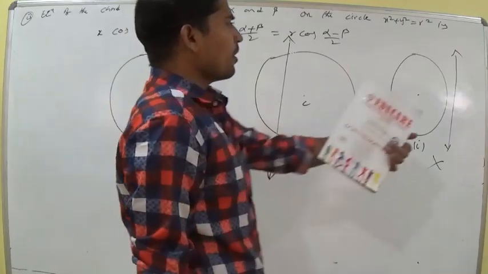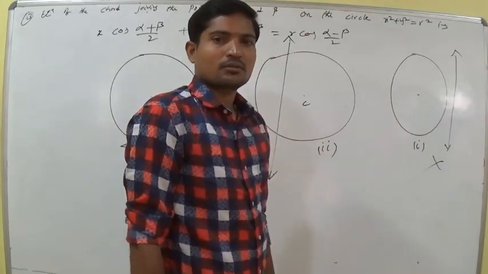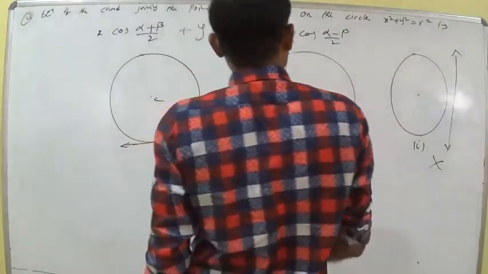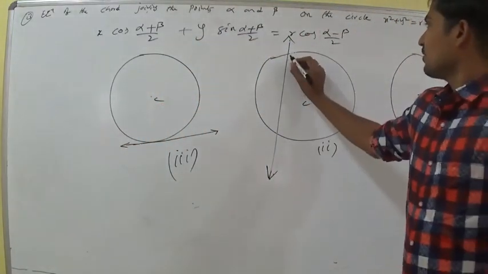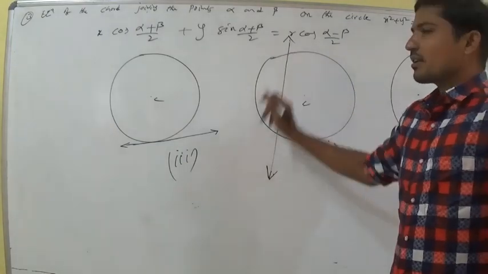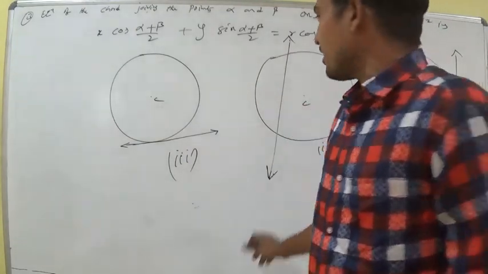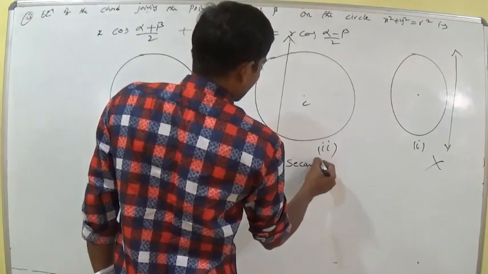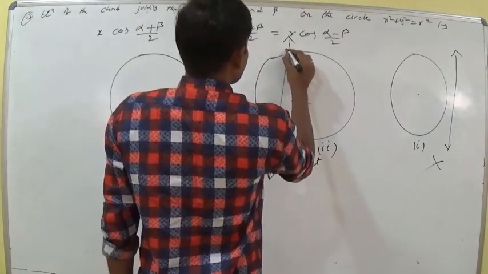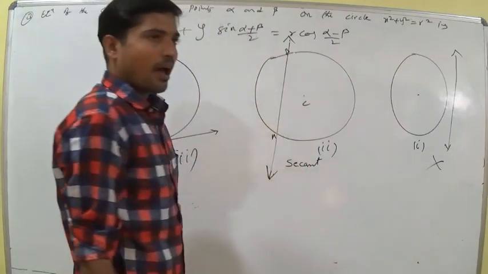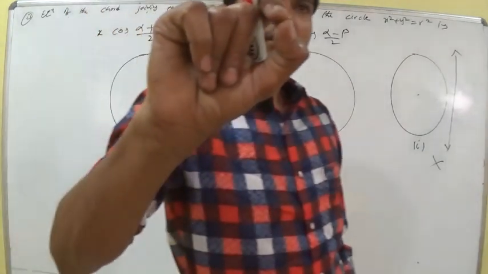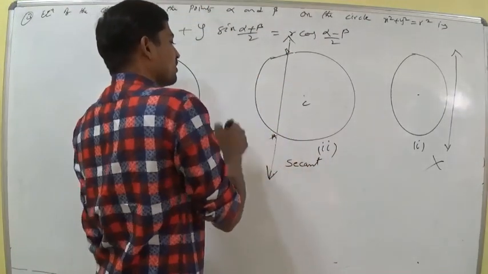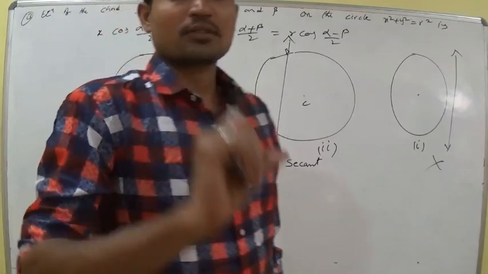No need to say about case 1, both are separated here. Now, the second case, which intersects a circle at two points, A and B, the line passing through the chord AB of the circle is called a secant of the circle, right?